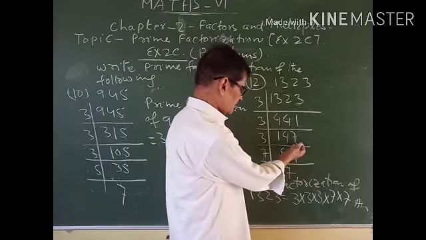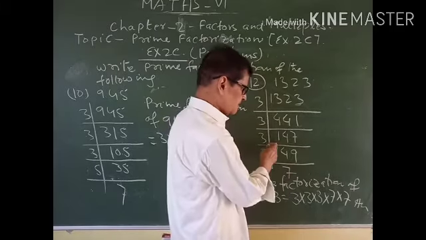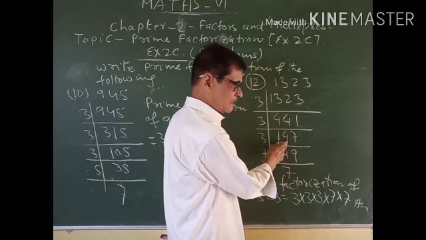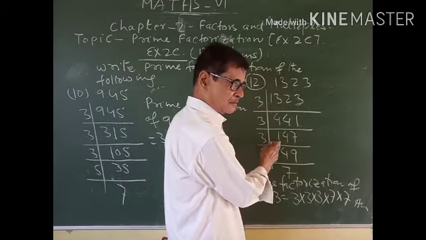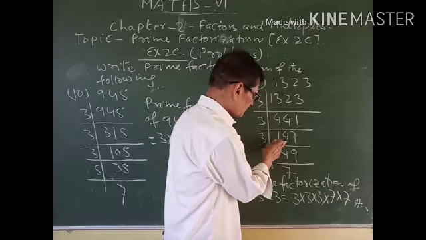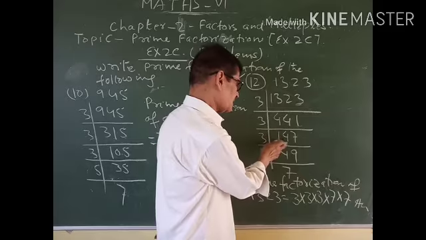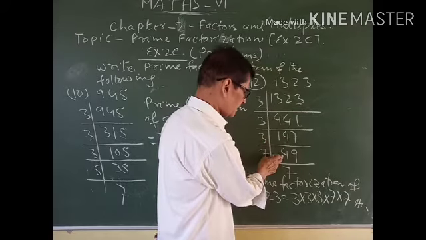Again test whether this is divisible by 3 or not. Add the digits: 7, 4, 11, 11 and 1, 12. 12 is divisible by 3. Therefore, this number is also divisible by 3. If you divide this number by 3, you will get 49.